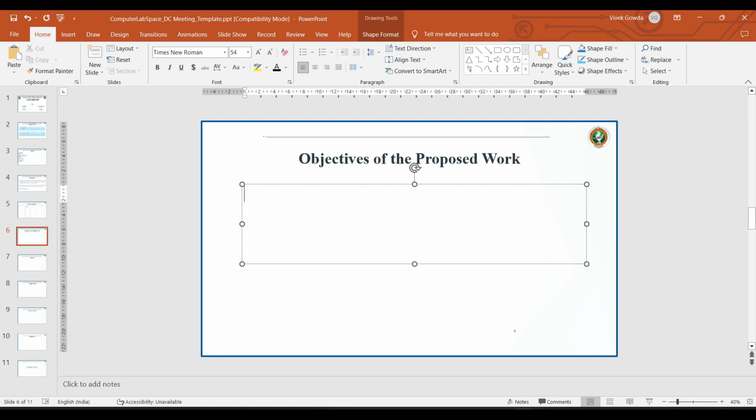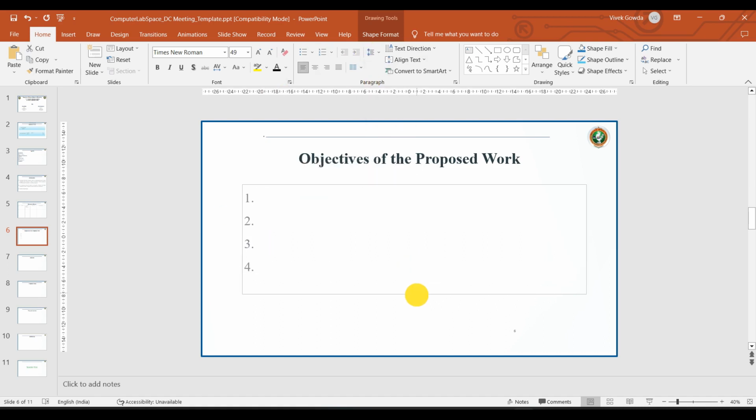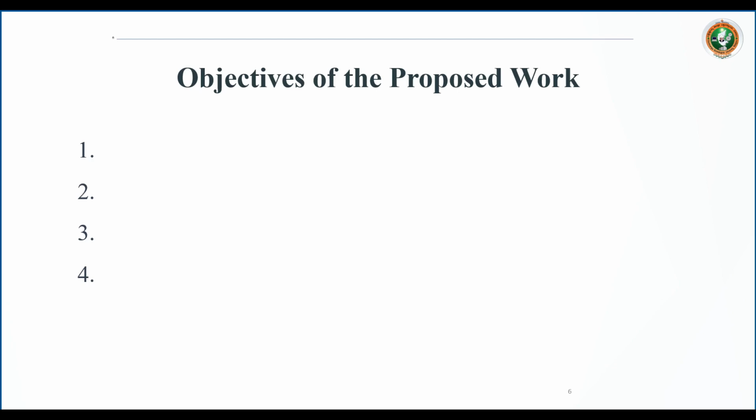What is that objective needs to be mentioned. So first objective, second objective, third objective, fourth objective needs to be given, and between these you need to have a line space. We'll go for the next slide. Hope it is clear. Objectives need to be put here.